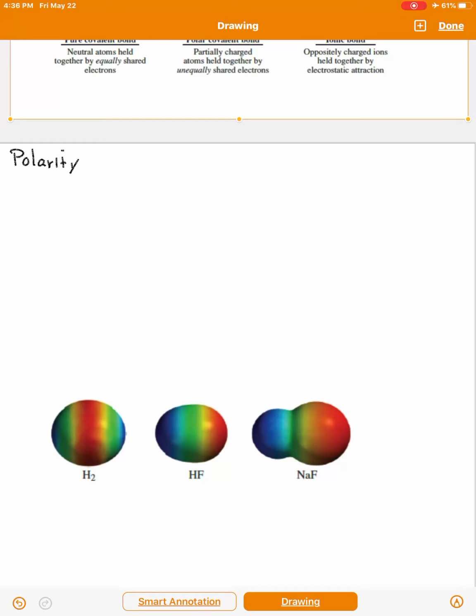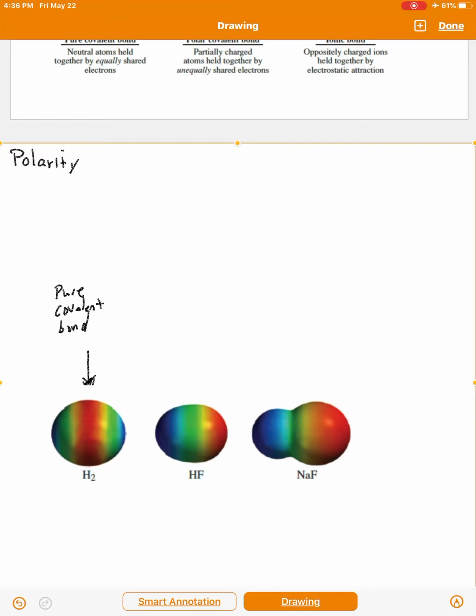And what I'm going to do is show you this picture down here. We have in this picture an example of a pure covalent bond. This diagram is called an electron density map. It shows red where the electron density is, meaning that in the hydrogen molecule, the two electrons are located between the two nuclei.